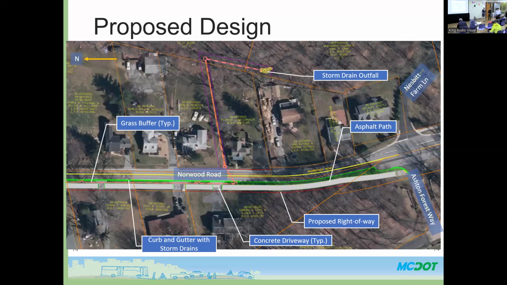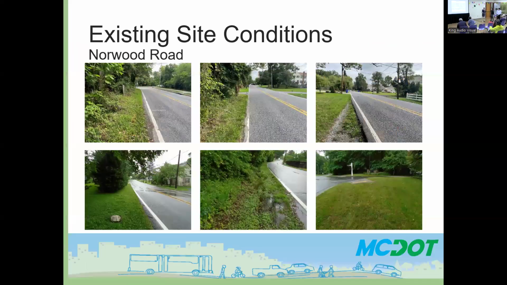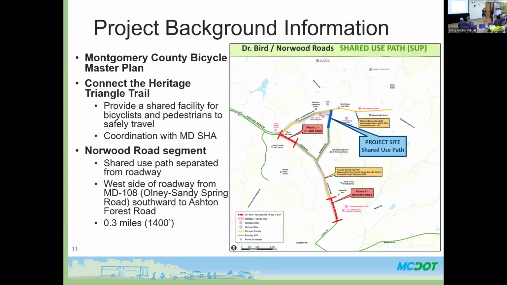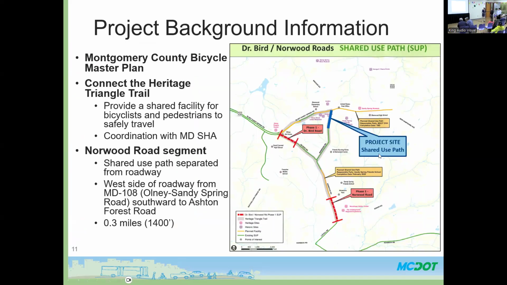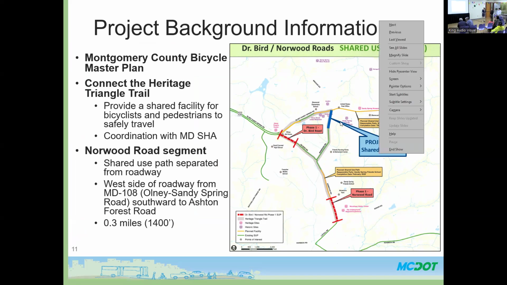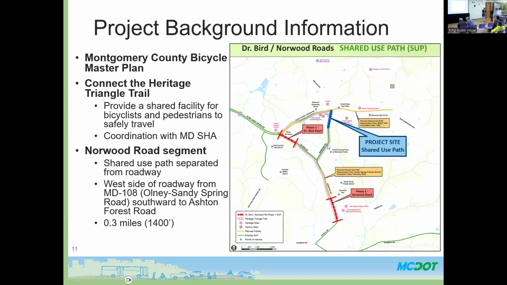Lori, can you turn to the slide that has the vicinity map that shows the project background information? Do you think you can zoom in on that map? I can zoom in. Okay.